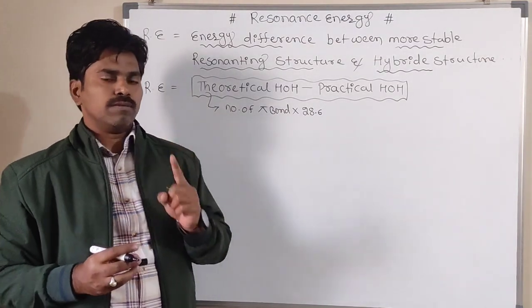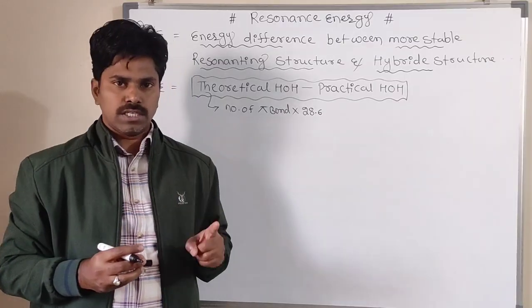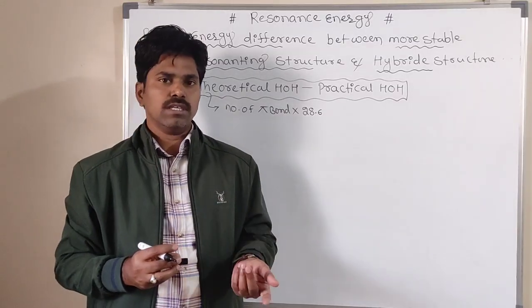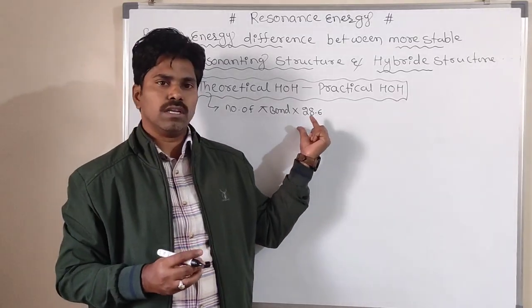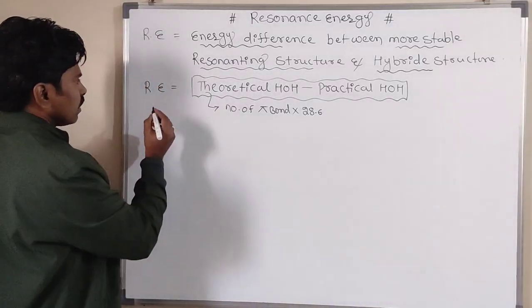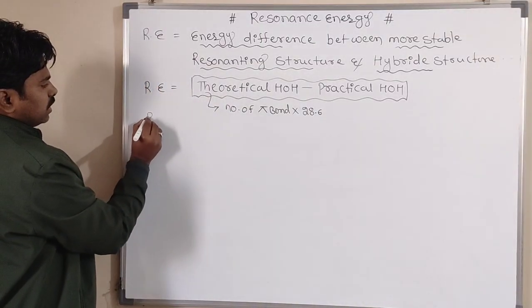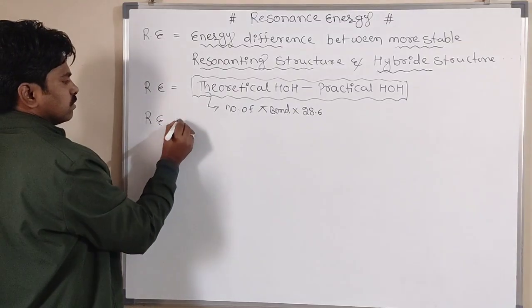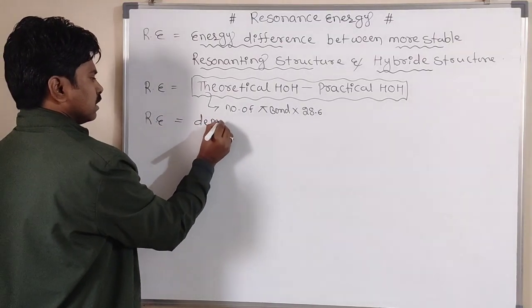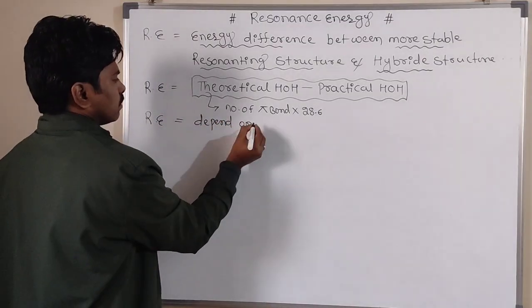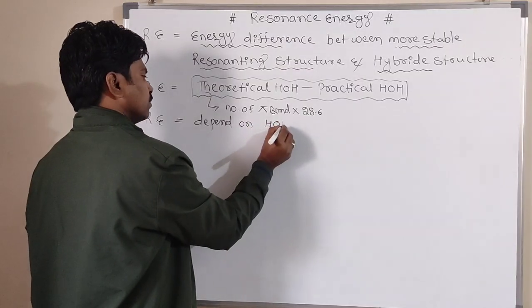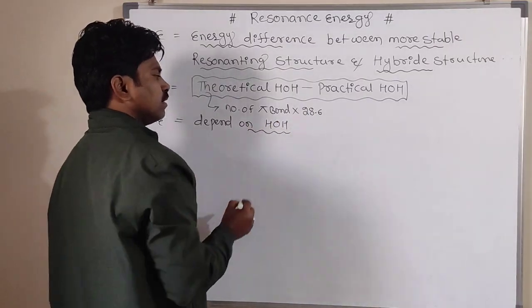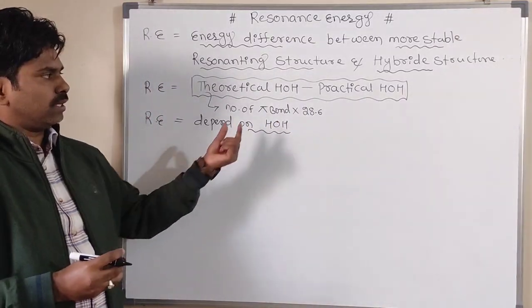If one pi bond is hydrogenated, there is a liberation of energy of 28.6 kilocalorie per mole. So resonance energy depends on heat of hydrogenation.